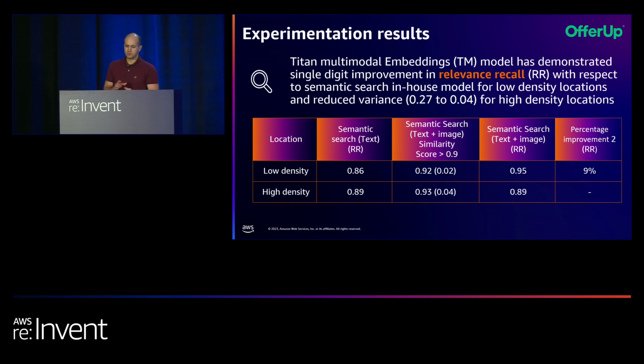The Titan multimodal embedding model has demonstrated an improvement for low-density locations of approximately 9%, and it has also reduced the variance for both low and high-density locations. This is really nice, because at the moment we haven't applied any transfer learning on it, so it's as is. And the reduction in variance actually makes the system more stable.